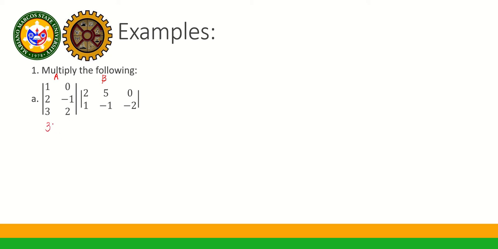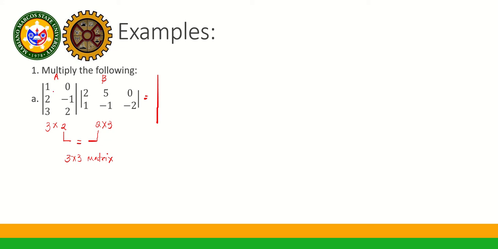This is 3 by 2. 3 rows, 2 columns. And this one is a 2 by 3 matrix. Now, si N natin and si R, they are equal. So we can proceed to multiplication, and yung product natin will be a 3 by 3 matrix.